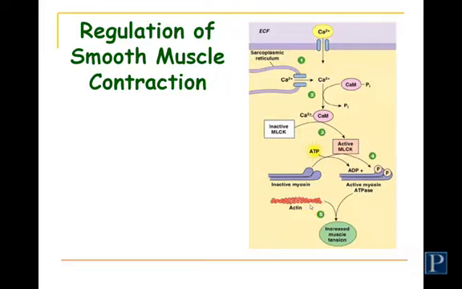Troponin is not involved. Calcium calmodulin will activate the myosin light chain kinase. You did not really see that when we talked about skeletal muscle. That activates the myosin light chain kinase, which phosphorylates the myosin head. This will allow the myosin to bind to actin, and then everything else proceeds as you saw in skeletal muscle.